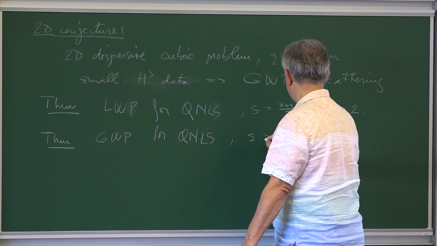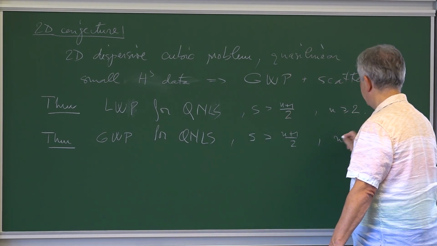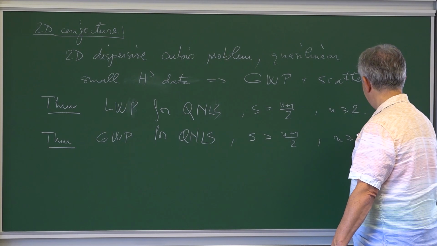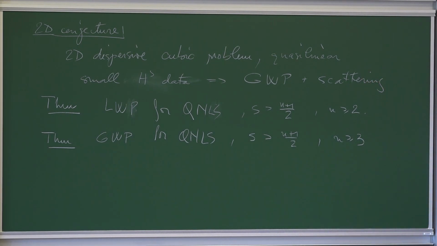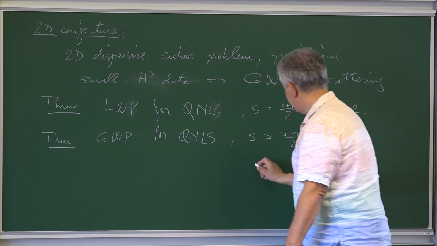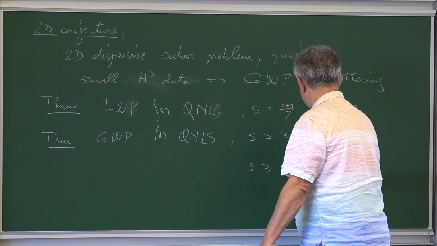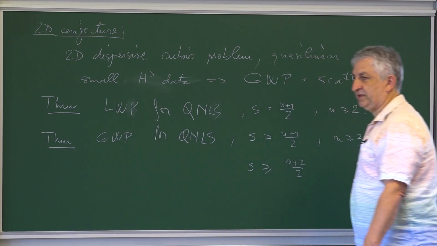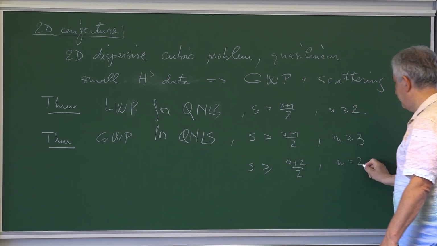First, s greater than (n+1)/2, and this, as written, applies for n greater than or equal to 3. All right, and then we have s greater than or equal to (n+2)/2, so we go half a derivative higher for n equal to 2.